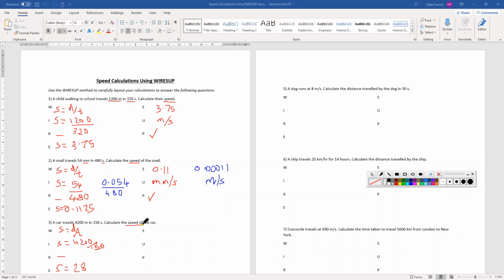28. Significant figures, well, that was to 2, 3 or 4 sig fig, we're not sure. That was to 2 or 3 sig fig. So we're happy with an answer that maybe is to 3 sig fig. So 28 is fine. You might even write 28.0. That is actually 3 sig fig. The units, well, we divided the distance in meters by time in seconds.